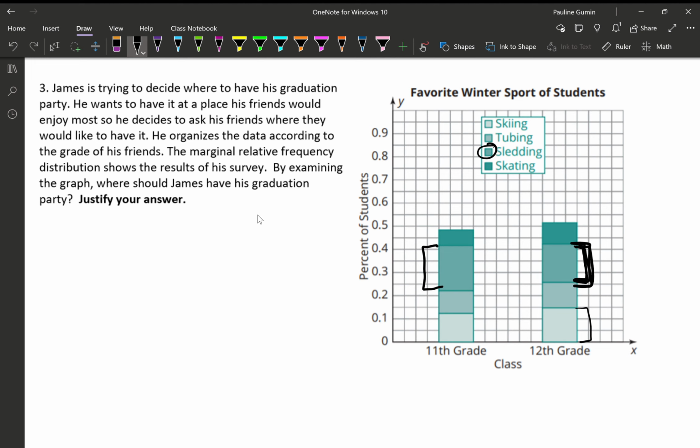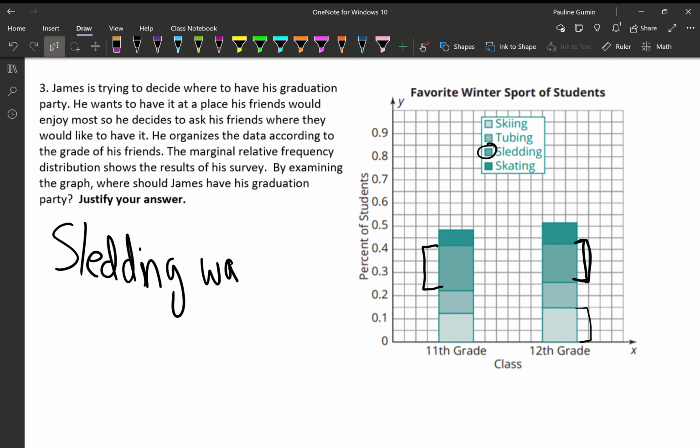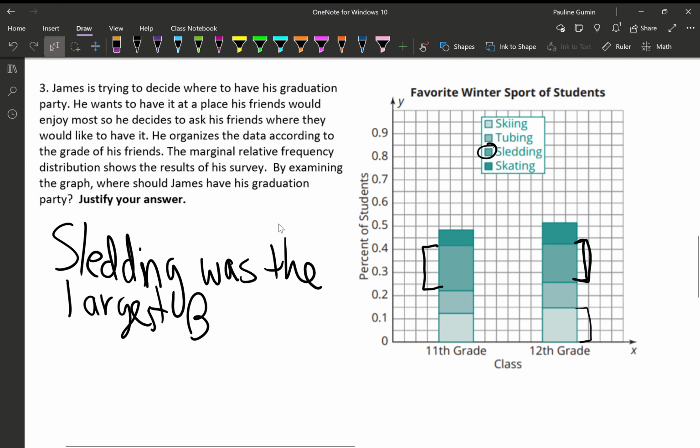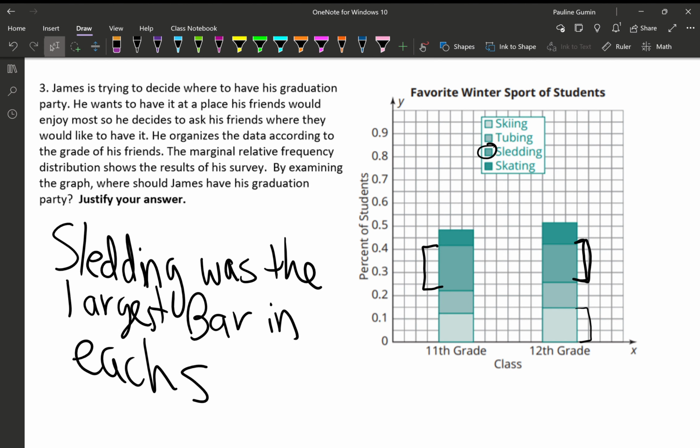It was really close, right? These 3 boxes, this one's a little bit over 3 boxes, I would say. Okay, so let's go with sledding. Sledding was the largest bar in each stack.